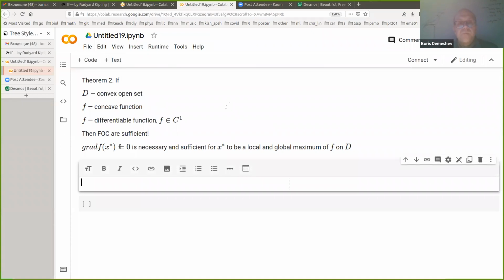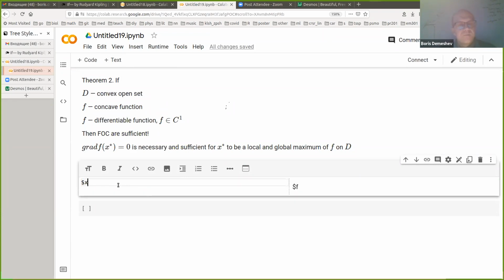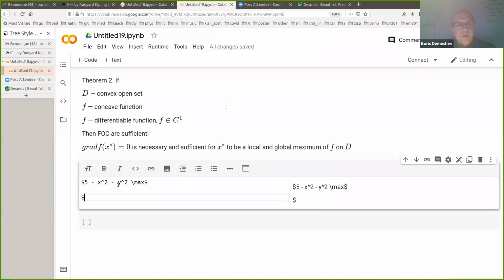So consider a problem like that: maximize 5 minus x squared minus y squared, where my set D is described by x plus y strictly less than 10.